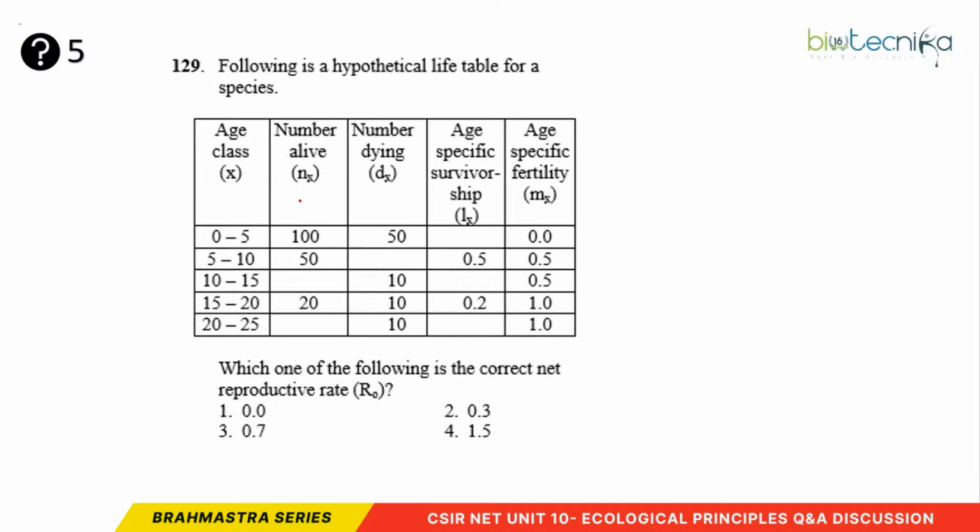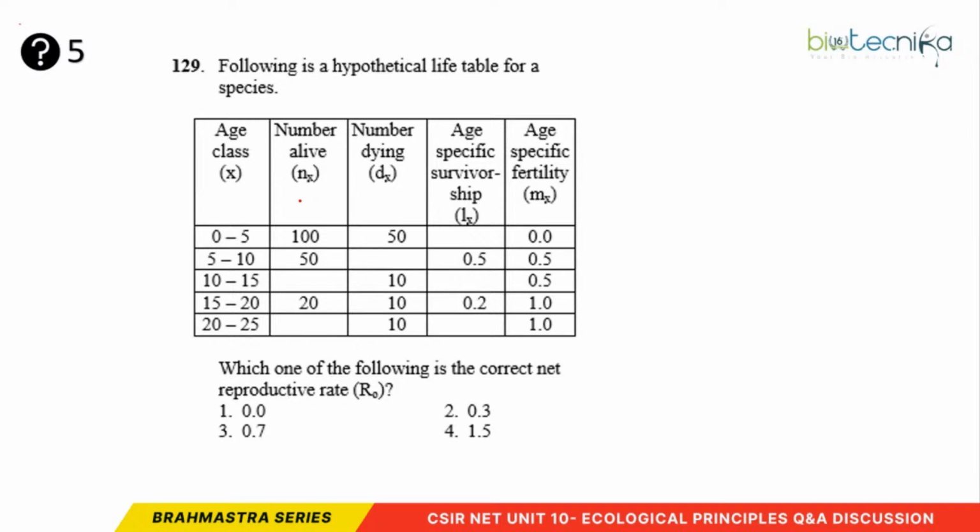All right, moving on to the next one. So this is again a question on your population growth. Particularly, this is based on your life table. So do you know what is a life table?